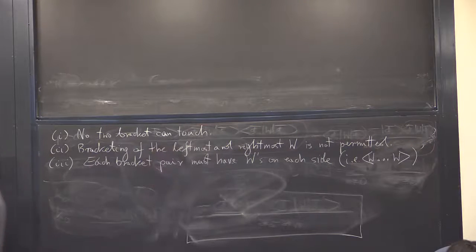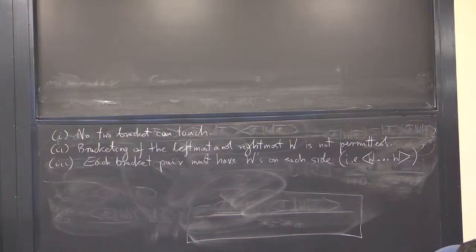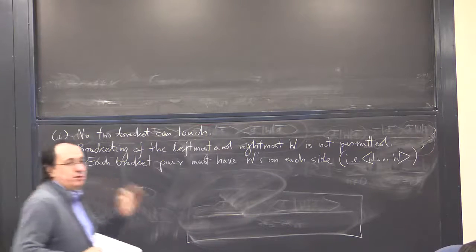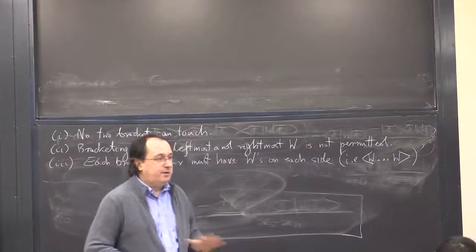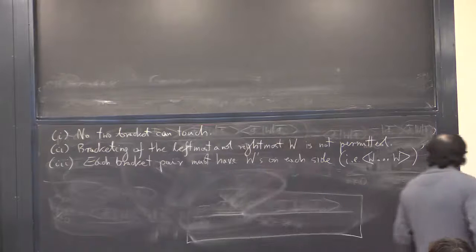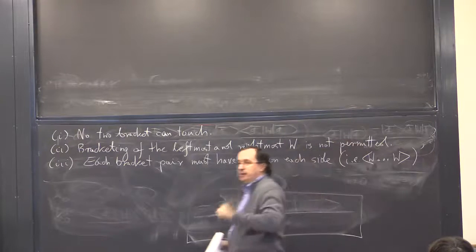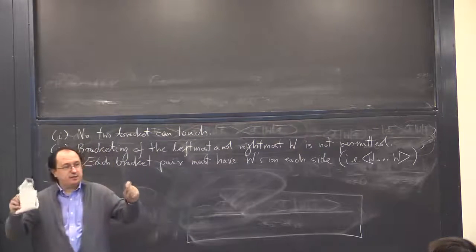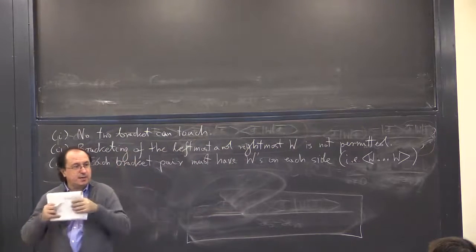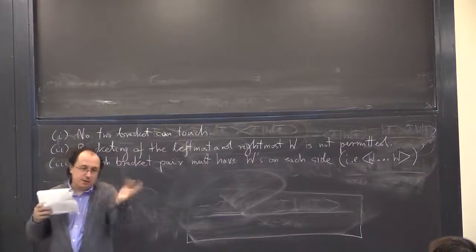So what you do is this. You start with a principal term and insert pairs of non-straddling brackets into the principal term, in all possible ways, and you have to make sure that no two brackets touch. Bracketing of the leftmost and the rightmost W is simply not allowed, and each bracket pair must have one W on one side, W on the other side, and you can have something in between.